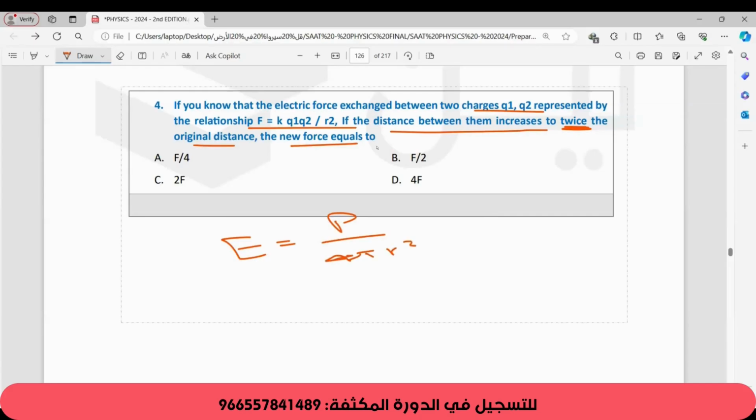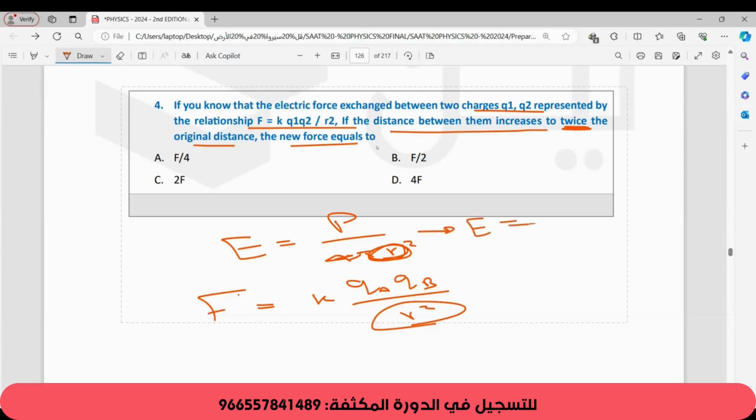And we say that if we just double, so same thing here, if we just write K, Q A, and Q B, and there is R squared. Because yesterday we focused only on 1 over R squared, same thing here, F equals 1 over R squared.